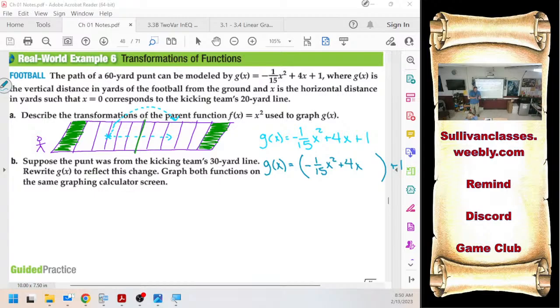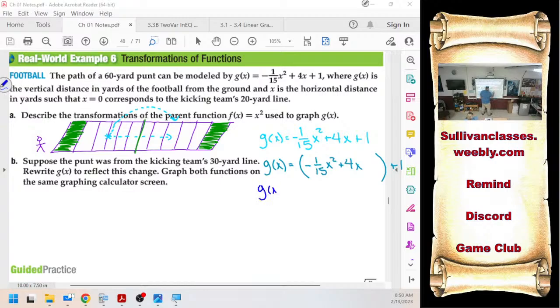Instead of dividing everything by a, because you'd end up having to divide over here as well and we want to leave g of x alone, but I still don't want that negative 1/15 in front of x squared. What can I do instead? Well, dividing by a fraction is multiplying by the reciprocal. I've got parentheses there. Factor it out. I'm only going to divide these two terms by negative 1/15 because I'm factoring it and leaving it outside of those parentheses.